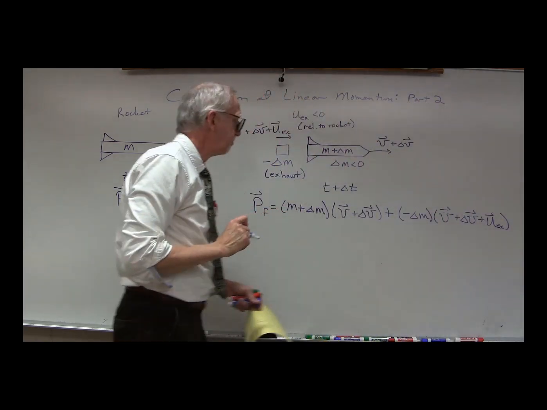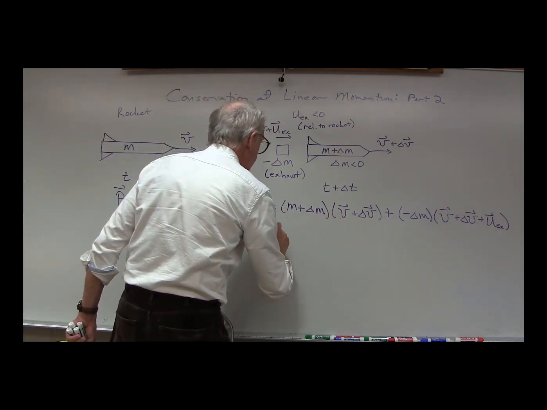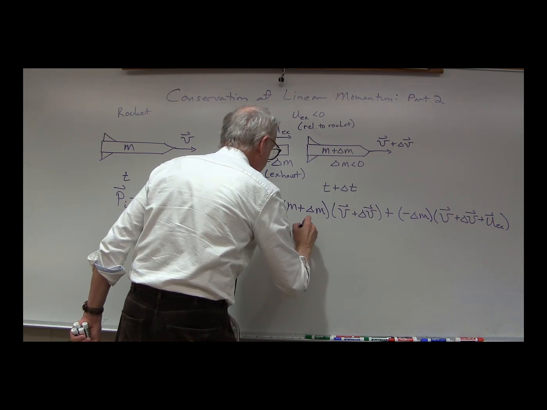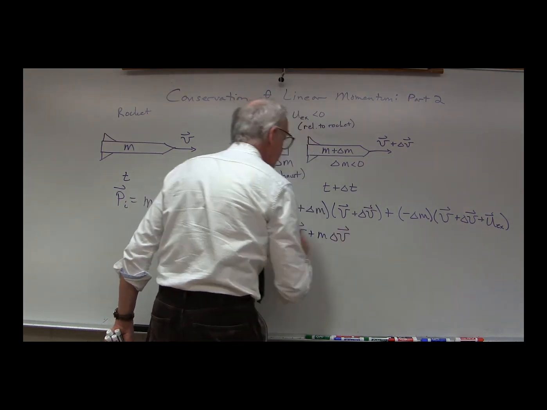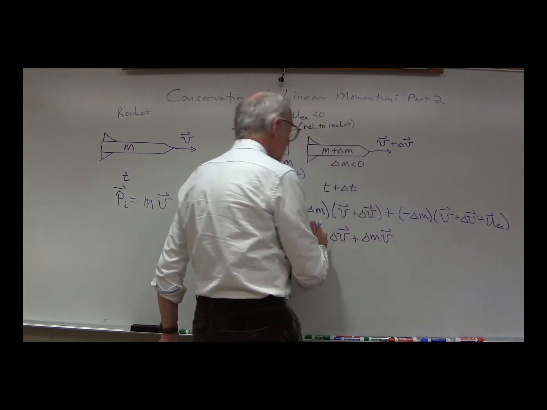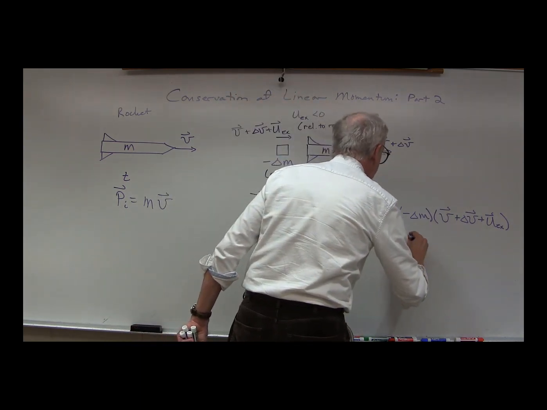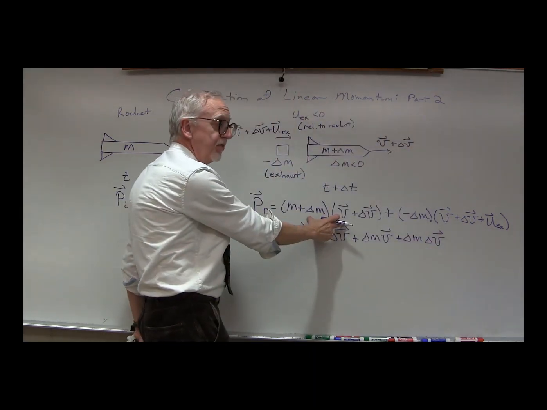Let's multiply this out, and we get mv plus m delta v plus delta m v plus delta m delta v. That's the product of these.